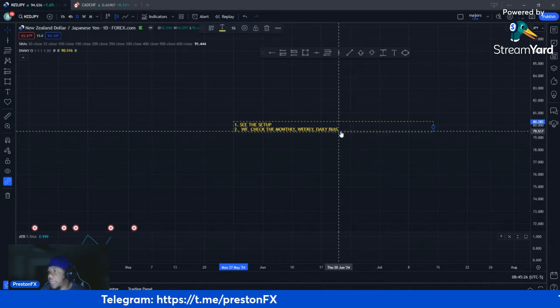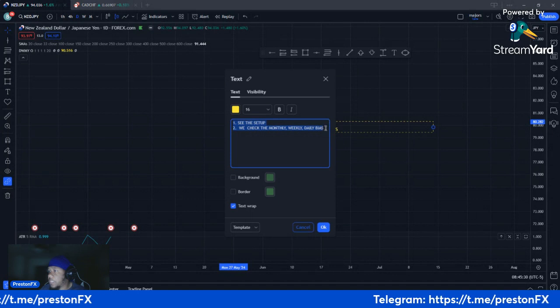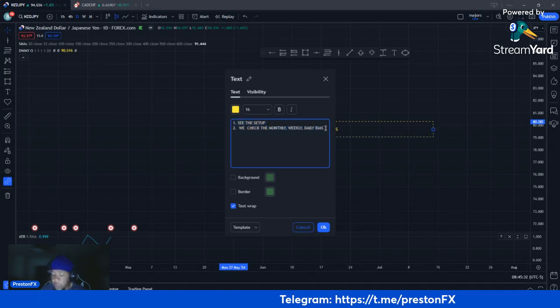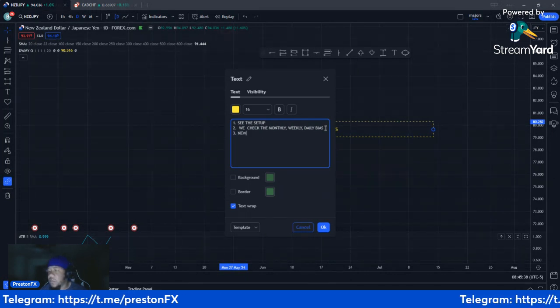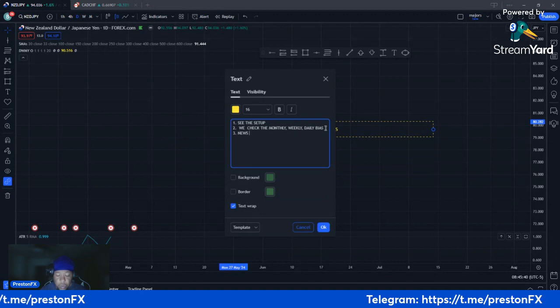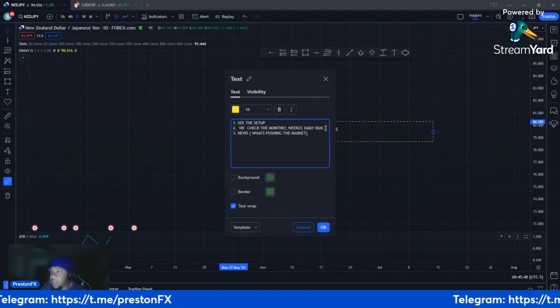That means we want to make sure we see which way it goes. Number 3, we look for news. What's pushing the market? Pretty plain and simple.